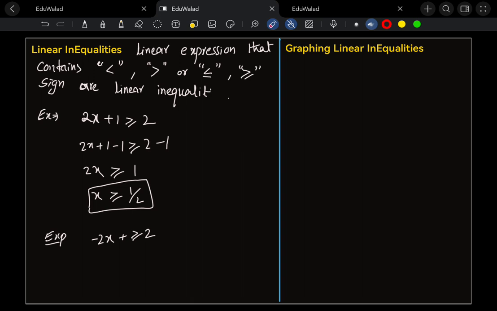If we want to plot this graph on a number line, on a 2D plane, this is 0, which is the origin, 1 2 3, 1 2 3. Here x is greater than or equal to 1 upon 2, which means half of this region.